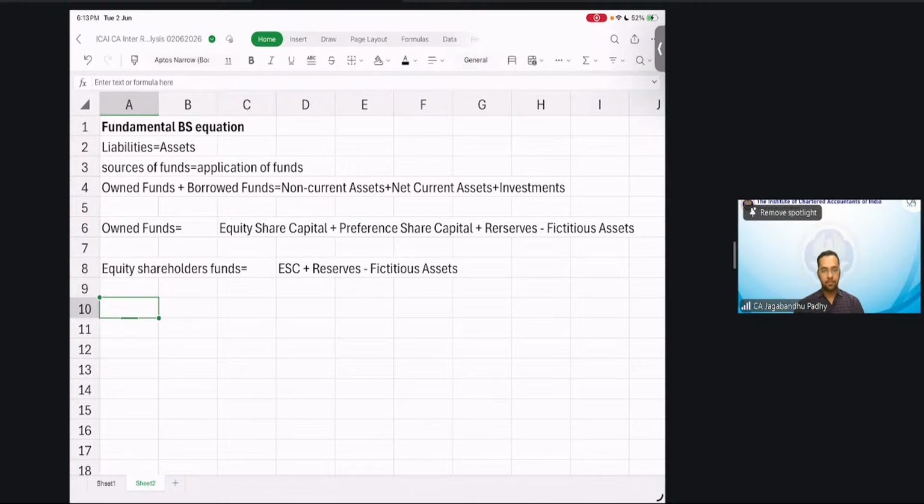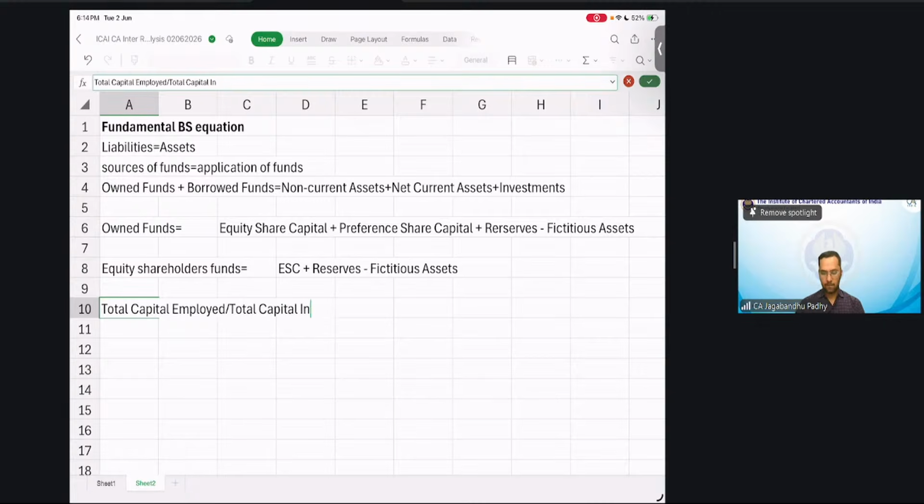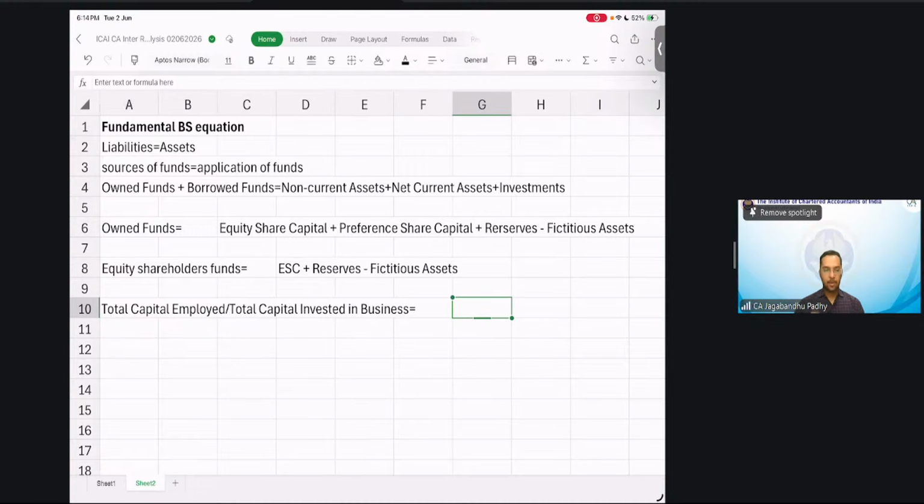Okay. Now another term that we are going to look at is sometimes we'll use the term total capital employed, or total capital invested in business.